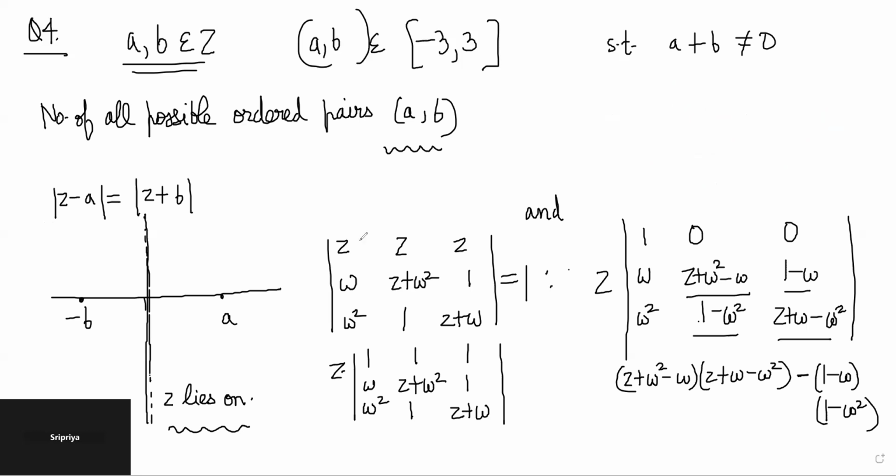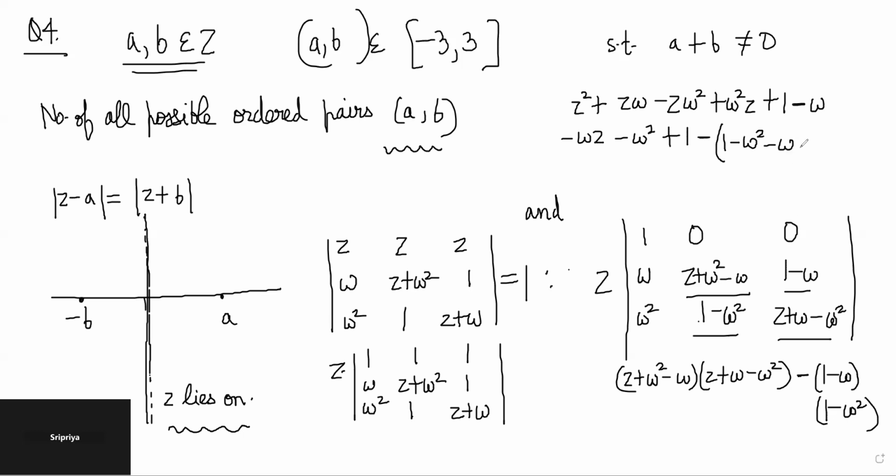You will get z square plus zw minus zw square plus w square z plus w minus w power 4, which is w, minus wz minus w square plus w cube, which is 1, minus inside the bracket you have 1 minus w, 1 minus w square minus w plus w cube, so that is 1.